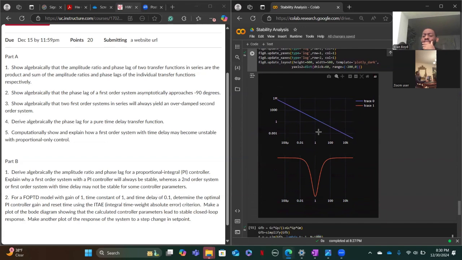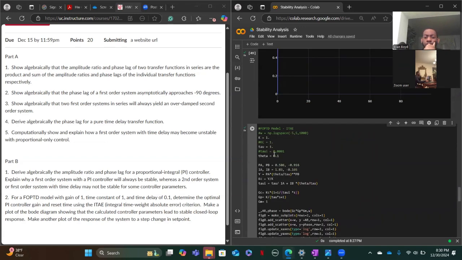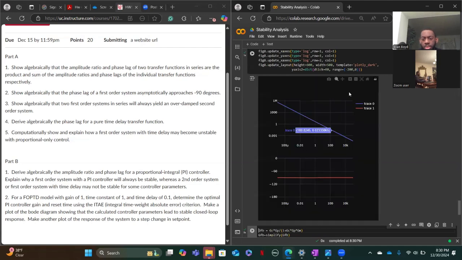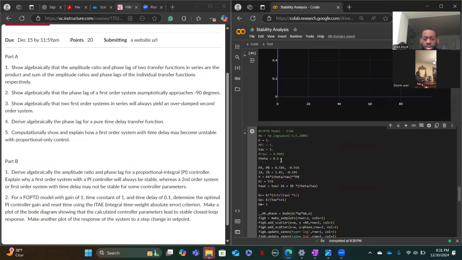Not sure. Let me adjust my... It's because of the tau. Let's adjust the tau to 5 and see what that does. Maybe auto scale it again. What is that? 0.2. I think our tau has to be smaller.